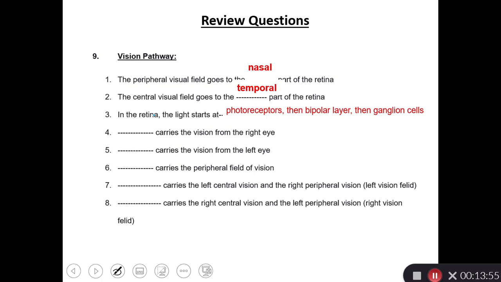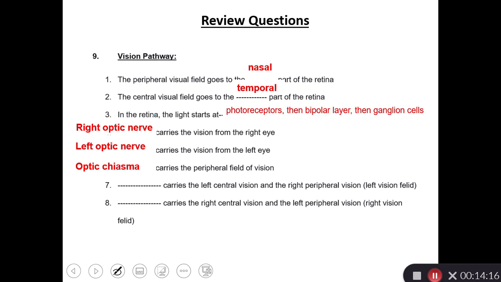What structure carries the vision from the right eye? It is the right optic nerve. How about the structure having the vision from the left eye? The left optic nerve.